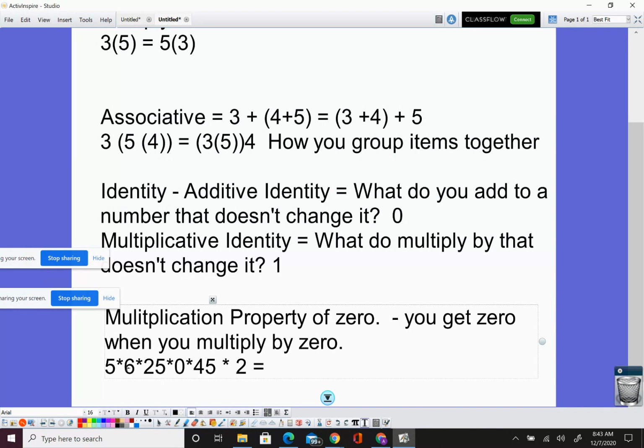And they'll want to know what that is. And anytime you see a multiplication that has a 0 in it, the answer automatically is going to be 0. So save yourself some time, look ahead. That doesn't work for addition, but it does for multiplication.